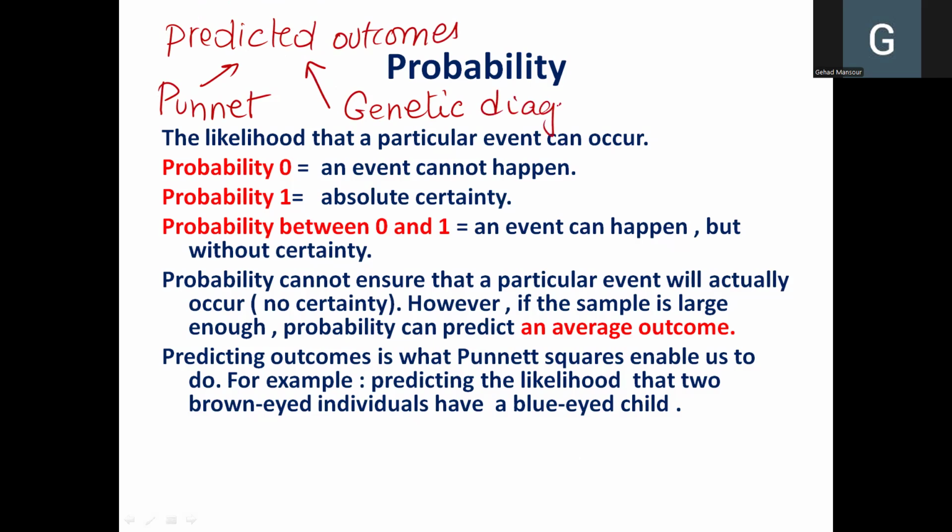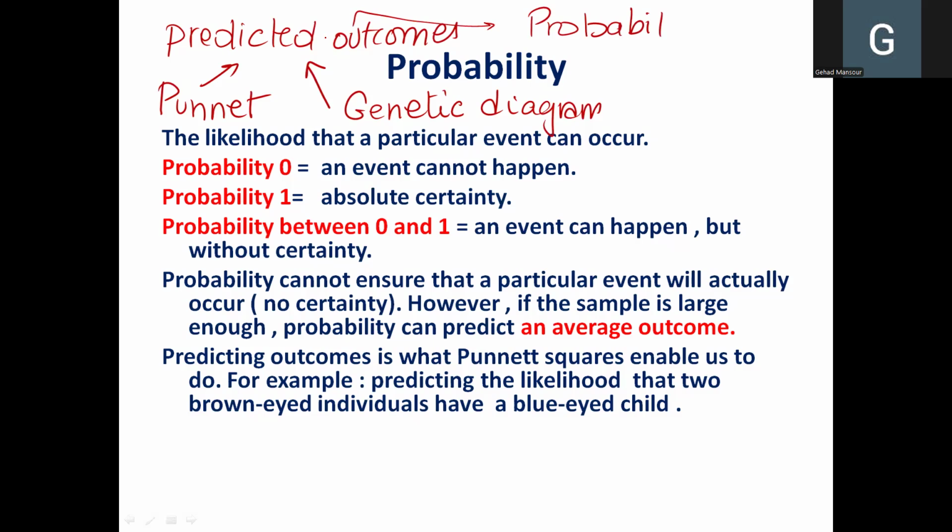You obtain a predicted outcome, and that predicted outcome is nothing but the probabilities or the likelihood, the percentage, of the different offspring.